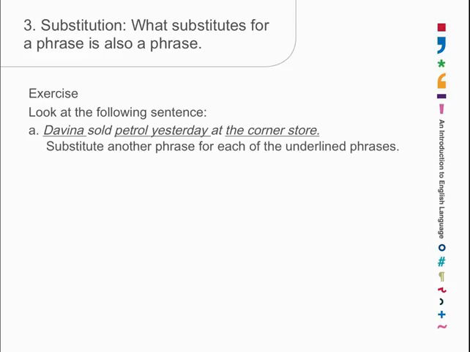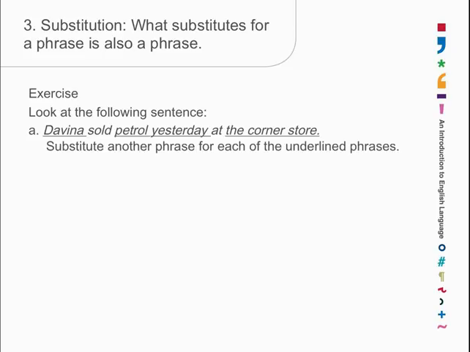Well, all of those are phrases, and they substitute for Davina, and she must be a phrase as well. Petrol sold biscuit tins, sold a large family home. Yesterday could be substituted for by in the afternoon. At the corner store, or the corner store, could be substituted for by any number of other phrases.